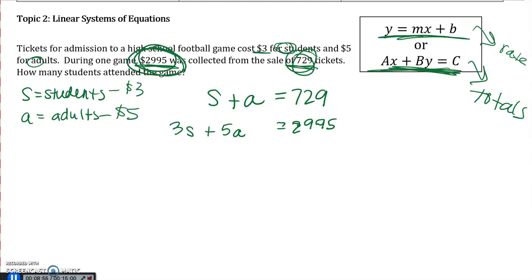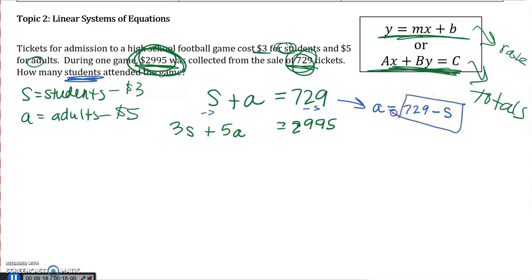You might want to try to do substitution or elimination. Since I want to know how many students attended the game, I'll take this, the 729 equals s plus a, and rearrange it. And I'll say a has to equal 729 minus s.